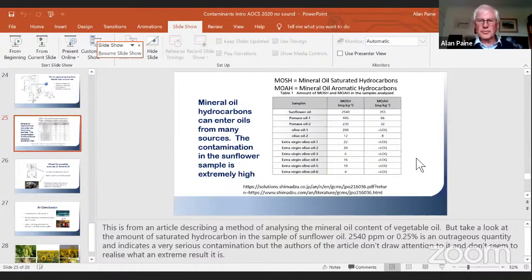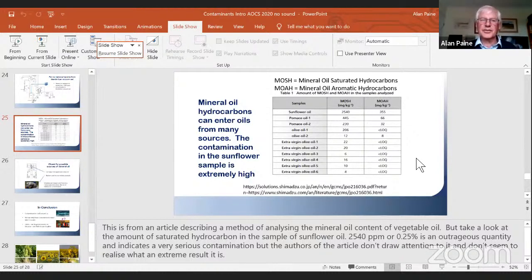Obviously, when you handle the oil without allowing any contact with oxygen, I think this is an important point. Oxidation products in oil are generally removed in bleaching. So the purpose of bleaching is, you'll see in bleaching, you'll see the PV level, this is the peroxide value. This will go down.